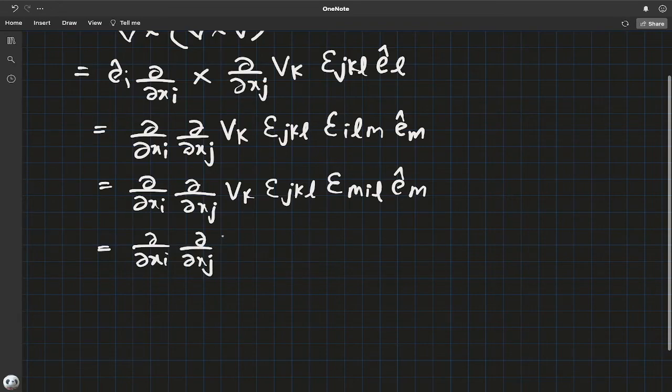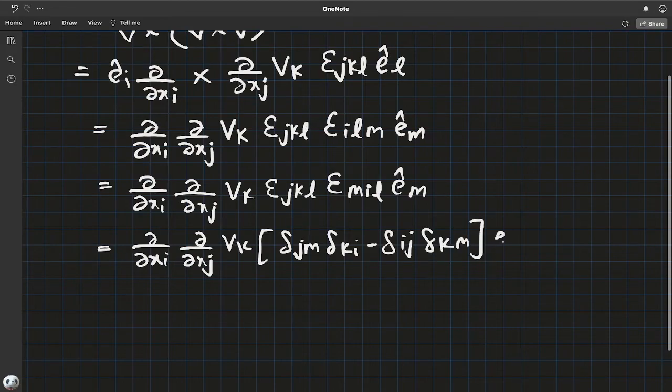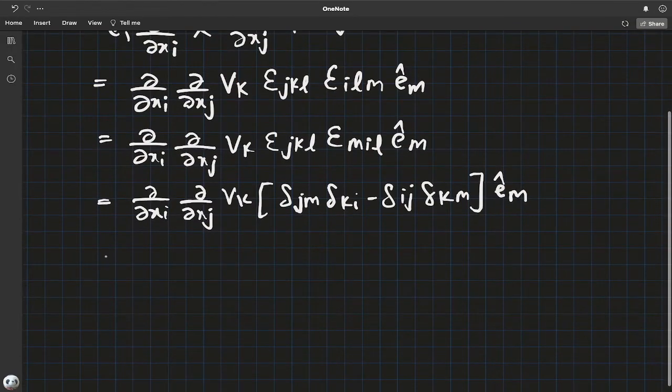Levi-Civita identity right here. So since these partials are sort of interchangeable, we can use that property. Not quite yet, but soon.